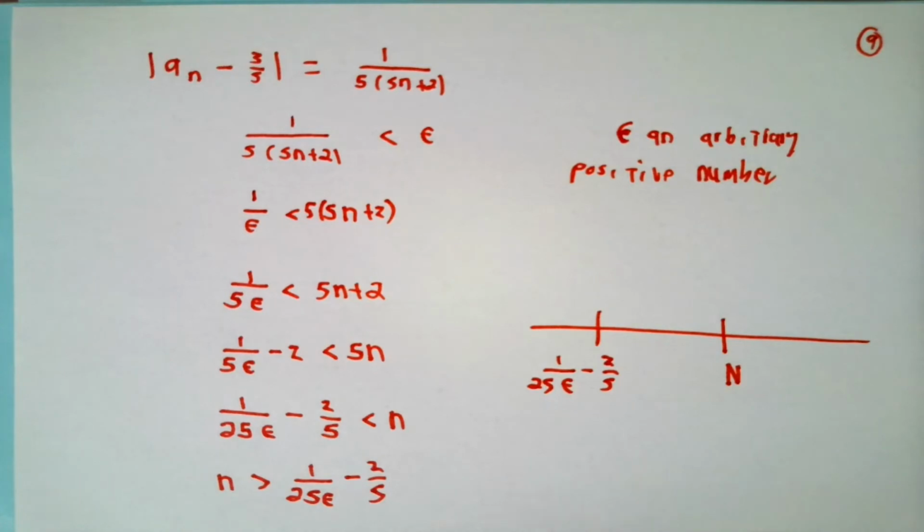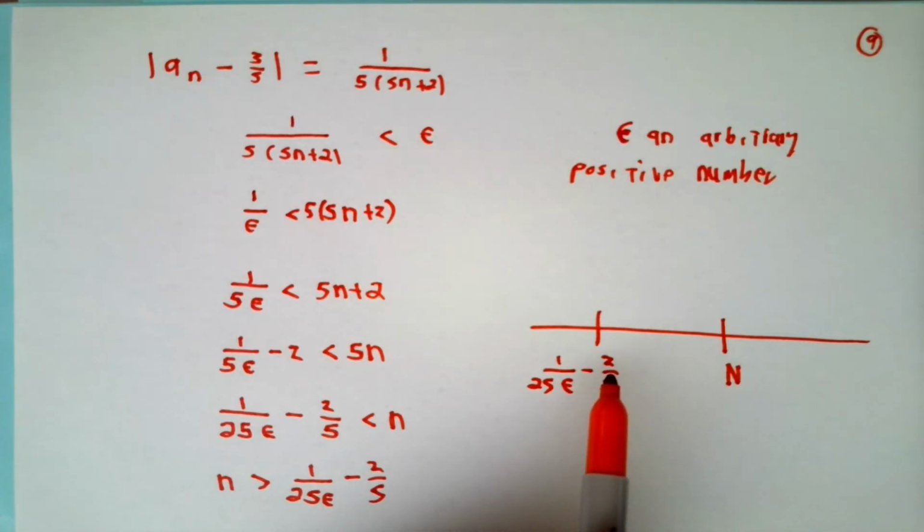We're thinking of the epsilon as being a small positive number, so 1 over 25 epsilon will be a large positive number, and then I subtract 2/5, so I still have a large positive number. Of course, this number, 1 over 25 epsilon minus 2/5, may not be a whole number itself, but that's not a problem.